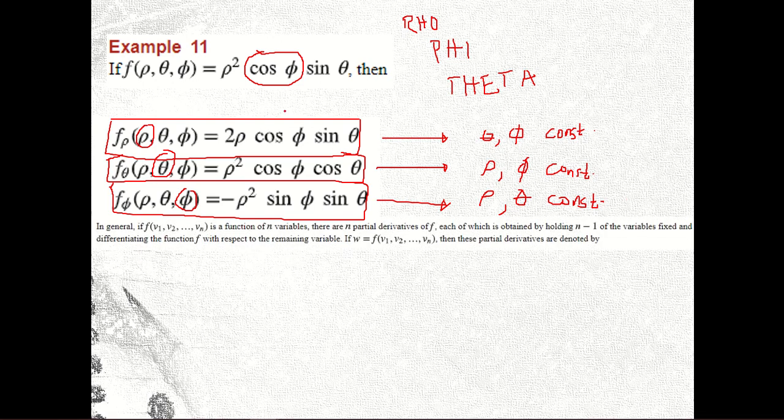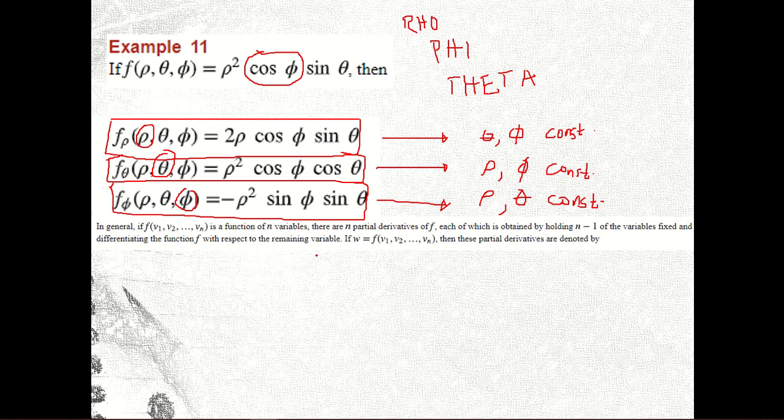And in general, if the function is a function of, say, 2, 3, 4 or more variables, so if we are given a function of n variables, there are n partial derivatives of f. So if you have 5 variables, you have 5 partial derivatives. If you have 10 variables, you have 10 partial derivatives, and so on.